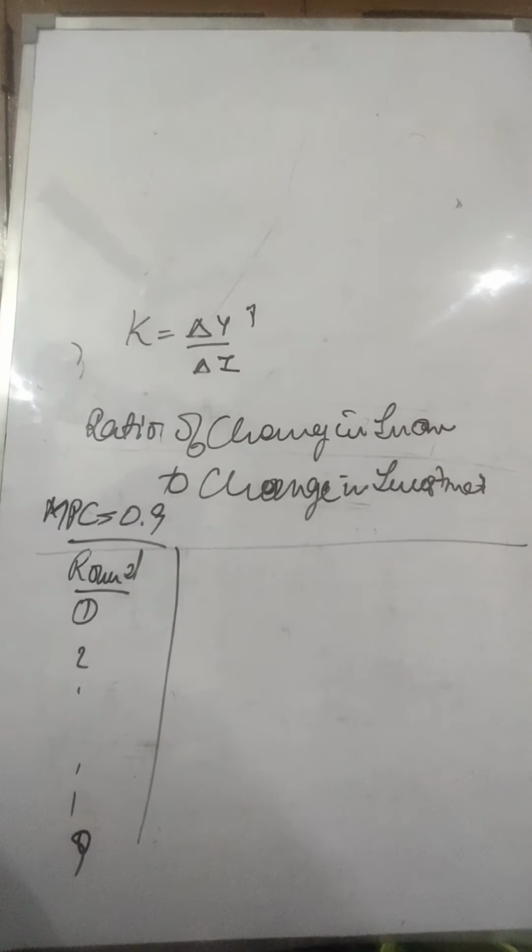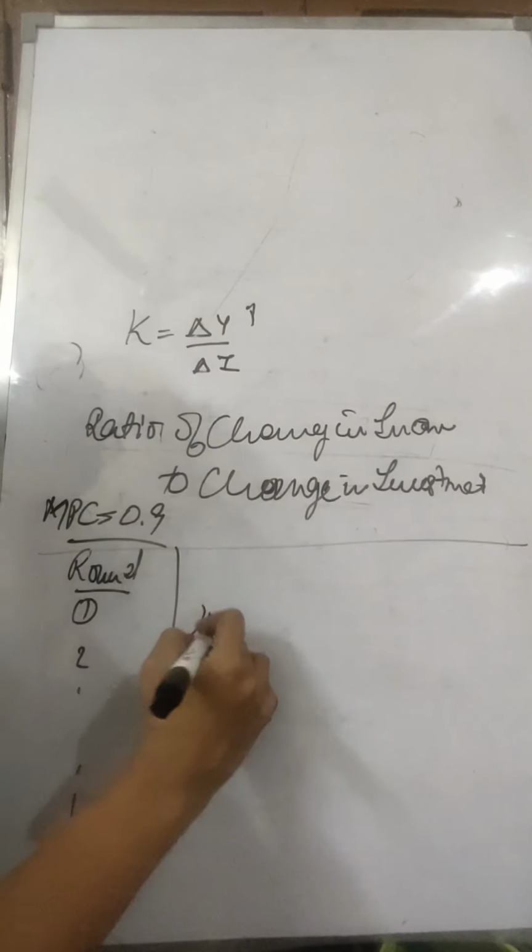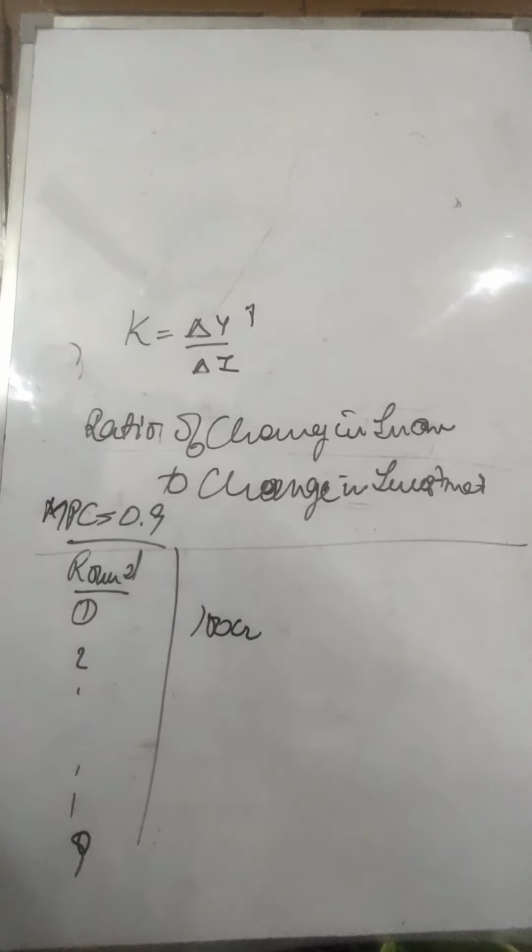Now working with the capital multiplier, suppose there's an additional investment of 100 crores, and MPC is 0.9.